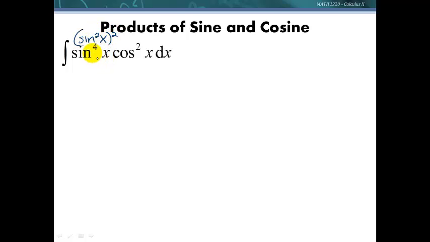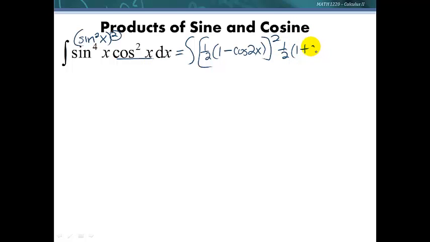We're going to replace this sine to the 4th x as a sine squared x, squared, and then express it using the half angle. So that's going to be 1/2 times 1 minus cosine 2x, and all of that will need to be squared because of this. And then we're going to replace the cosine squared with its half angle identity, and that's 1/2 times 1, this one's a plus, cosine 2x dx.